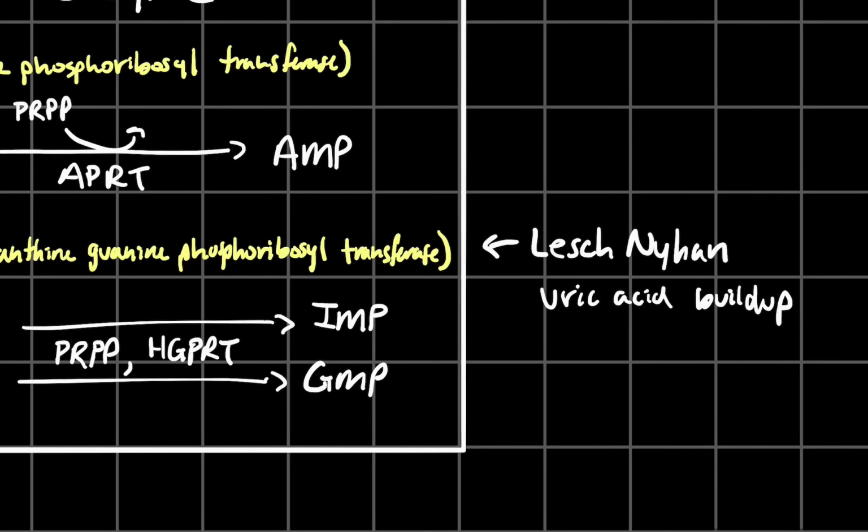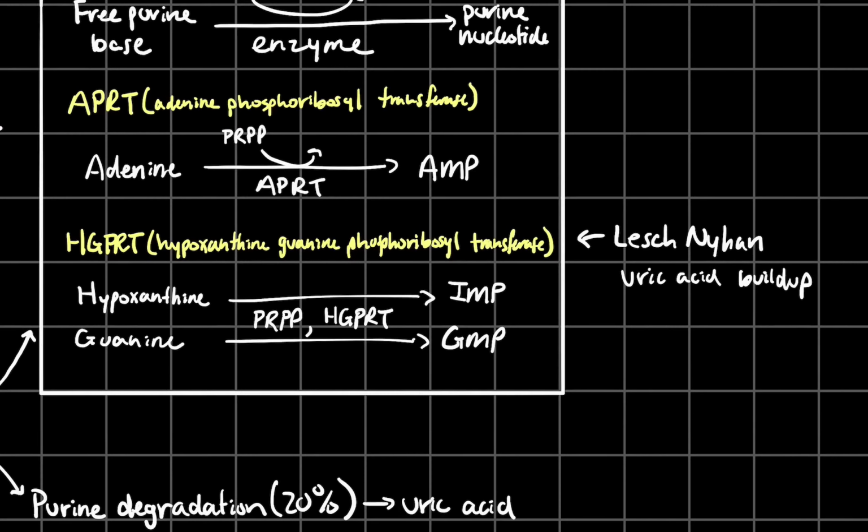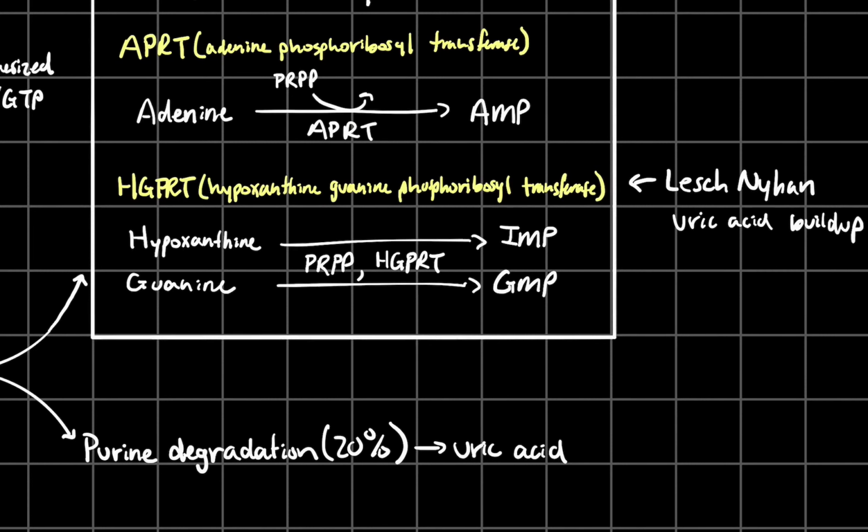And then just a side note, Lesch-Nyhan syndrome, which is an X-linked recessive disorder, is going to inhibit this HGPRT enzyme. Okay, so you're not going to be making any functional copies of the HGPRT enzyme, and as a result, you're obviously going to have a large buildup of your hypoxanthine and your guanine, so you're going to have this buildup of purine bases.